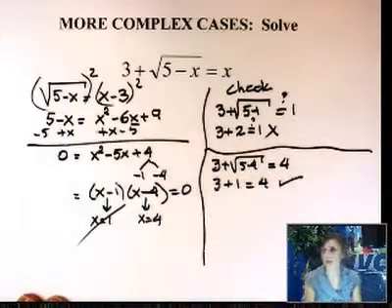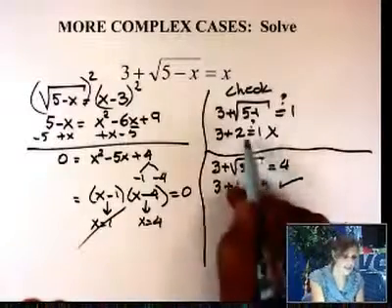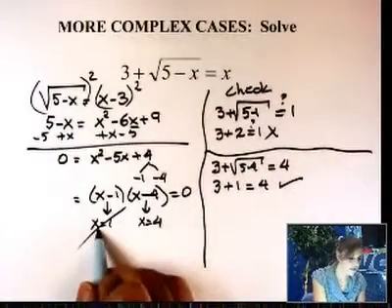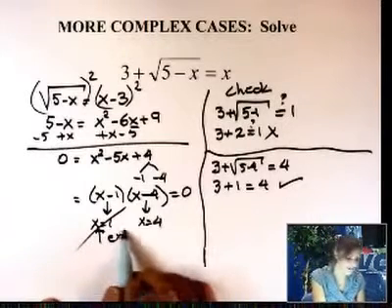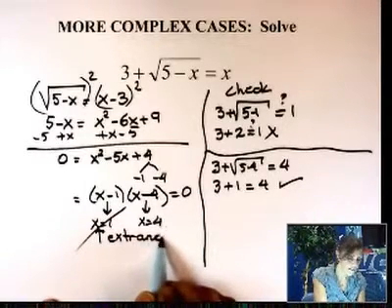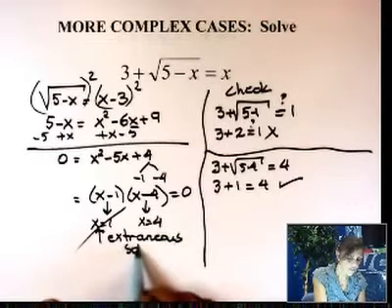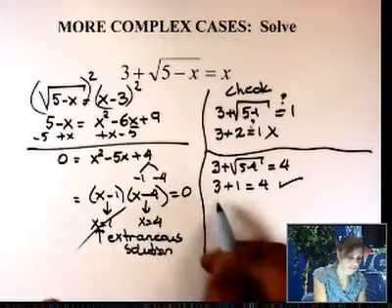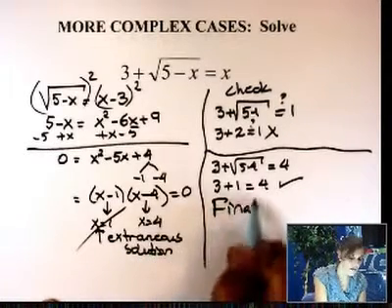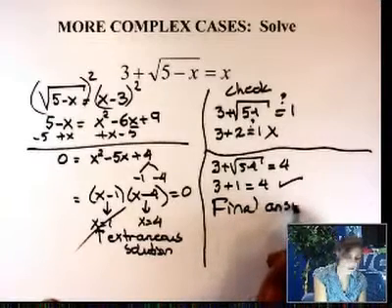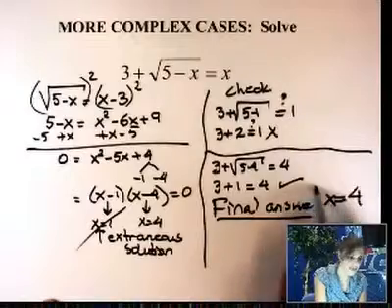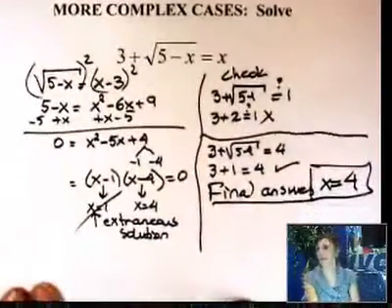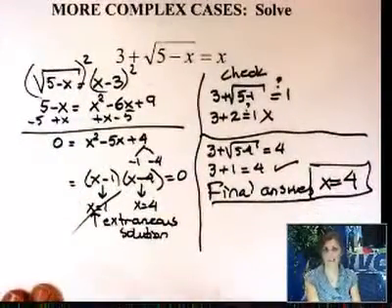That did work. Guess what happened? This x equals 1 is an extraneous solution. So it's a solution that's a no solution. So the final answer is x equals 4. That's it. Not x equals 1. So make sure you understand that.